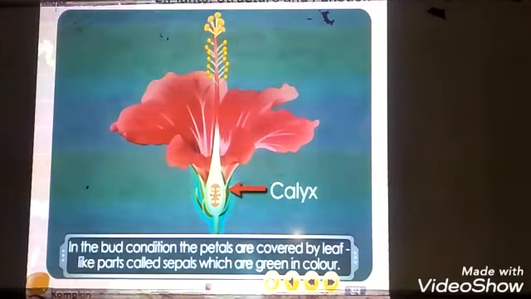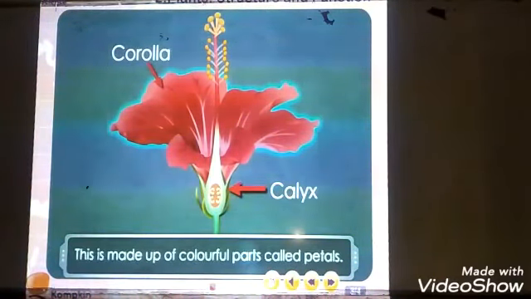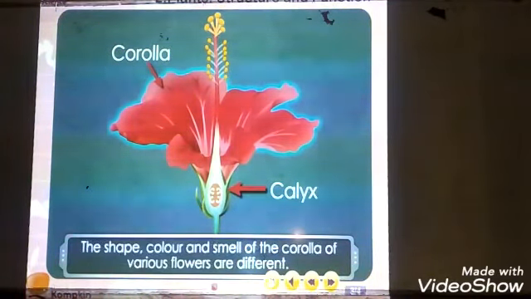Calyx. In the bud condition, the petals are covered by leaf-like parts called the sepals, which are green in color. They form the calyx. Corolla. This is made up of colorful parts called the petals. The shape, color and smell of the corolla of various flowers are different.